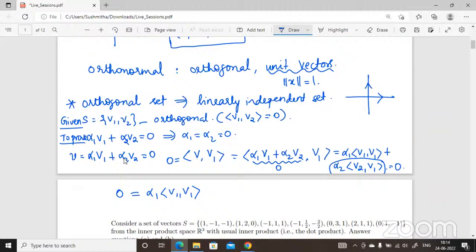Obviously we assume V1 and V2 are non-zero, right? Otherwise linear independence doesn't make sense. So if V1 is non-zero, what can I tell about the inner product of V1 with V1? Why is this not equal to 0?